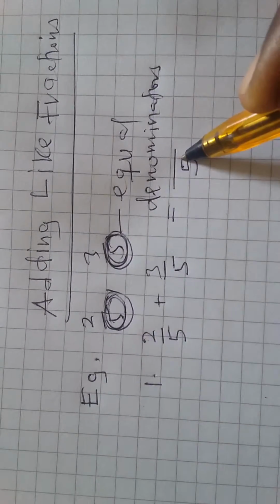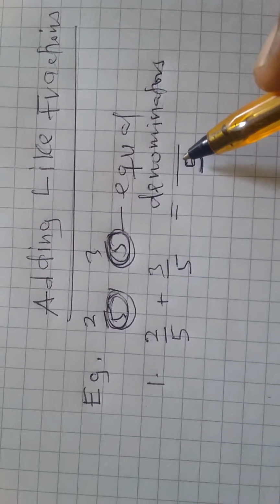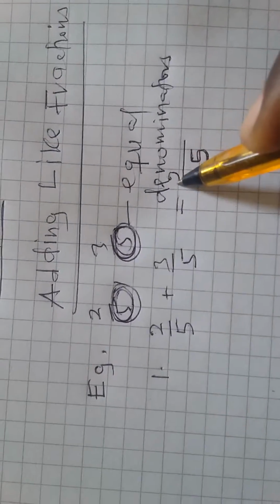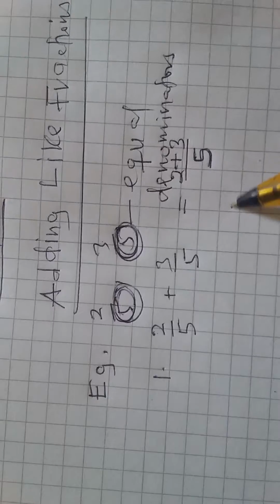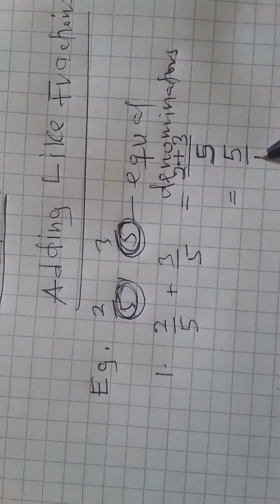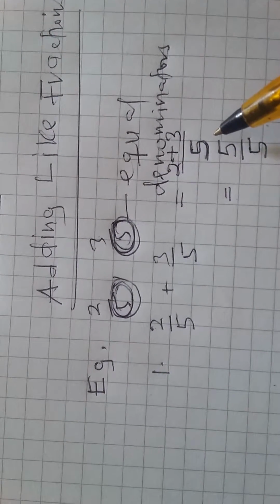They will remain what? 5. However, the number of items they are going to share will be 2 plus 3. This will give me 5 out of what? 5. Means 5 people are sharing 5 things.